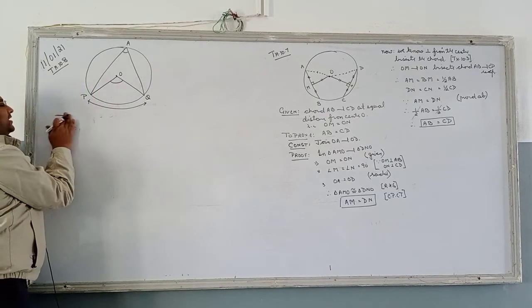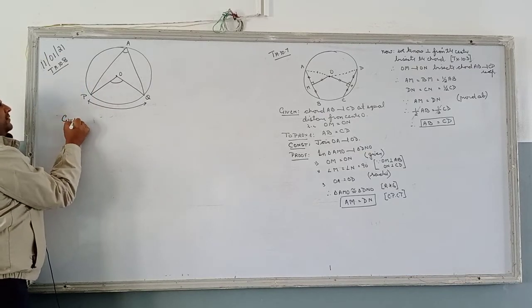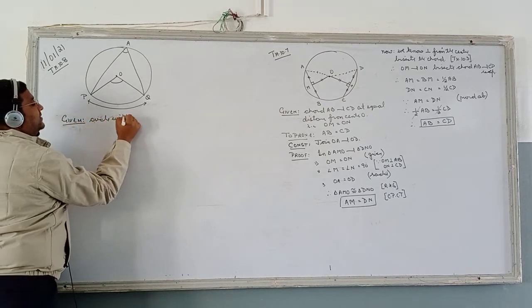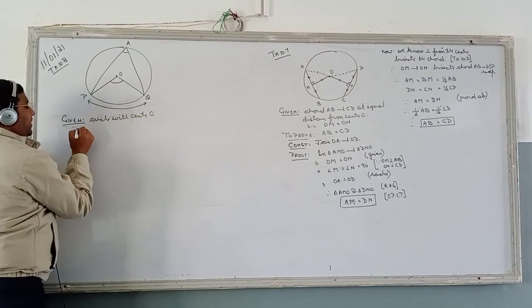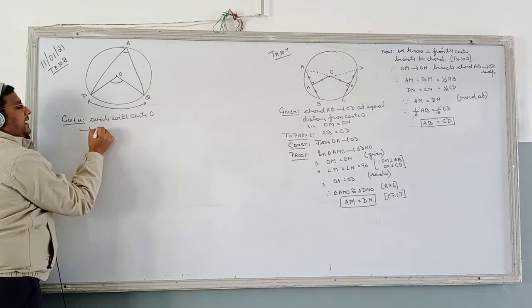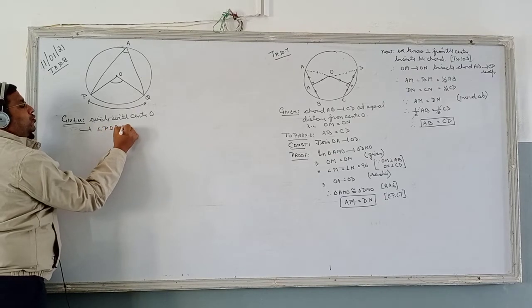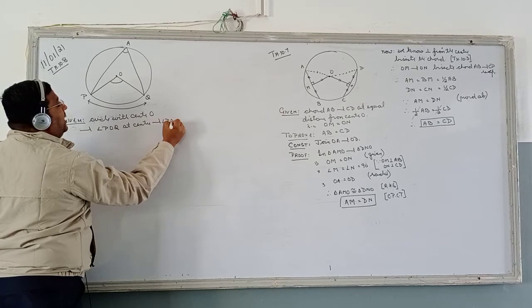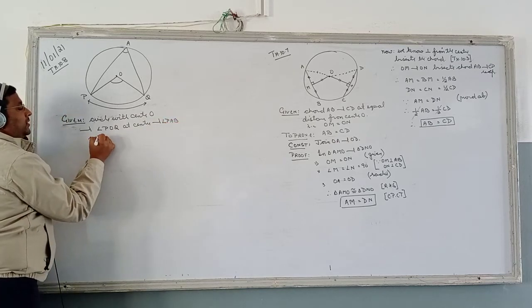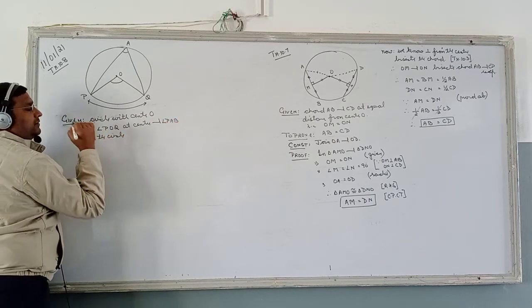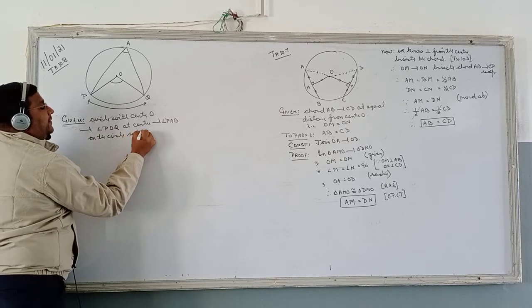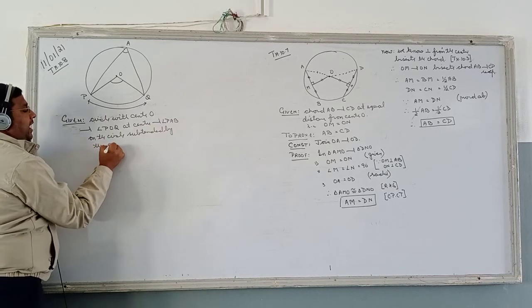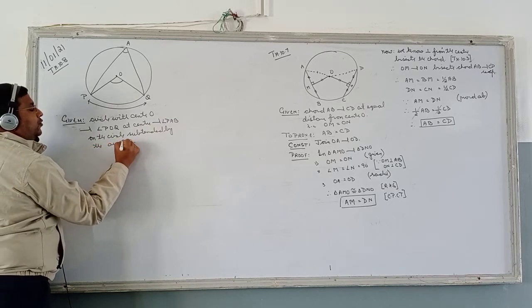What is given to us? We are given a circle with center O and angle POQ at the center and angle PAQ on the circle, subtended by the arc PQ.